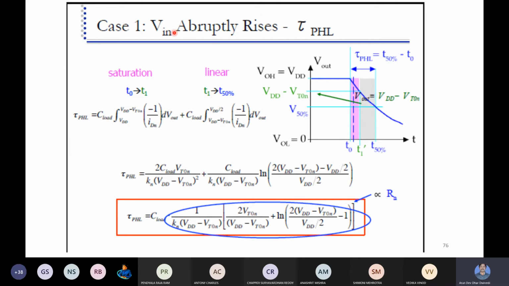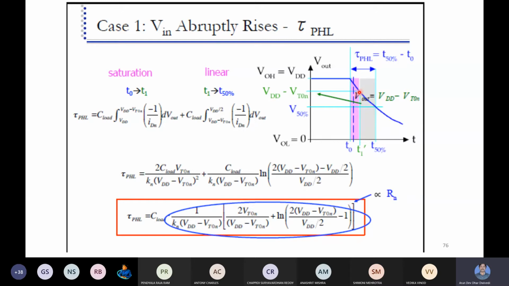Here we are calculating the delay when the output is switching from high to low. Initially the output was at VOH equal to VDD. After some time it reaches the point VDD minus VT0, and during this transition it was in the saturation region.